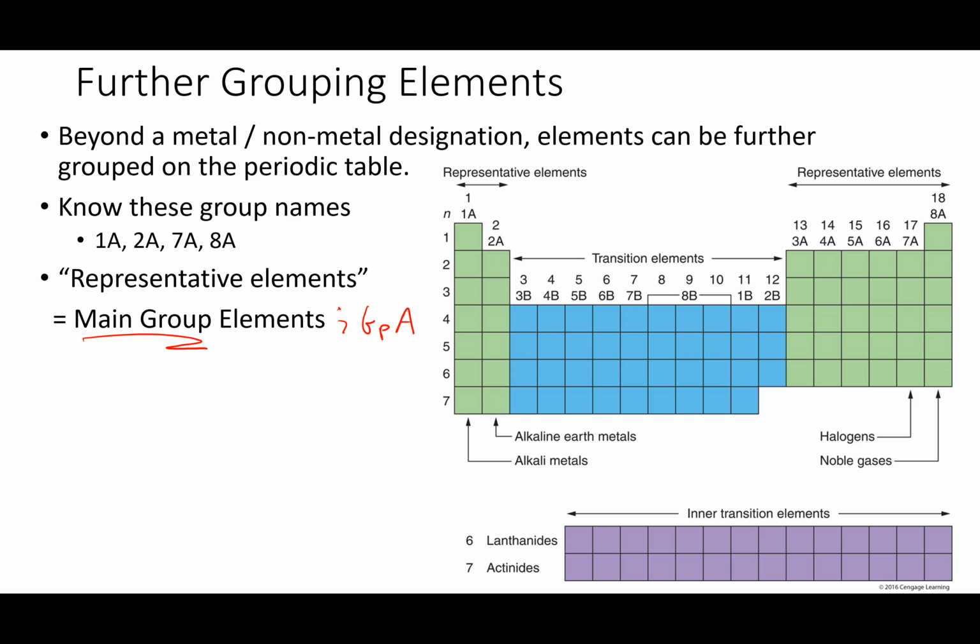And I guess they're called main group elements because when we start to study trends in elements, they follow the trends better than the other guys. So if those are representative elements, then the other guys are the transition elements. Okay? So these B ones are transition elements, sometimes called Group B. Go figure.